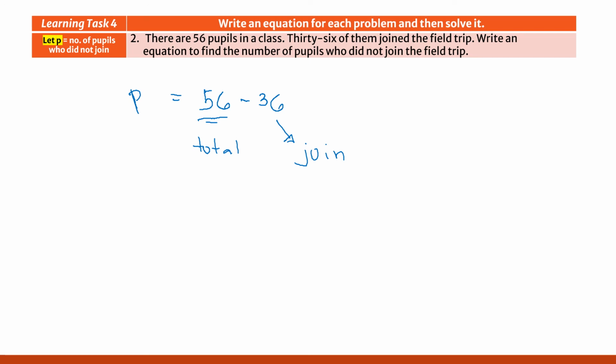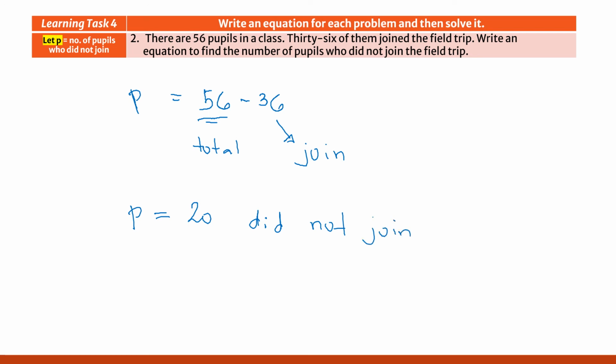Okay? Na kapag ikinompute natin, what is 56 minus 36? So, kunwari, inalam na rin yung total number of pupils who did not join. Ay di syempre pa, meron tayong 20 pupils na kung saan ay hindi nag-join. So, ito yung did not join the trip.